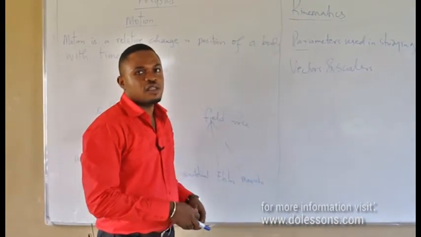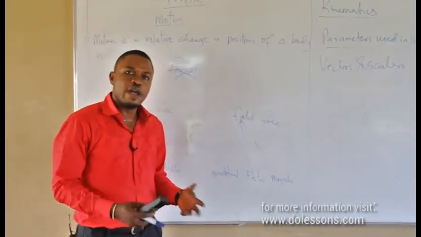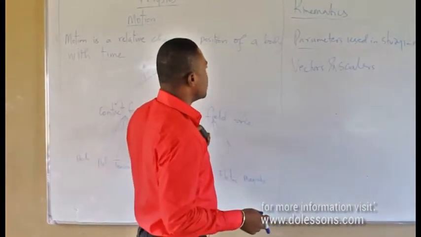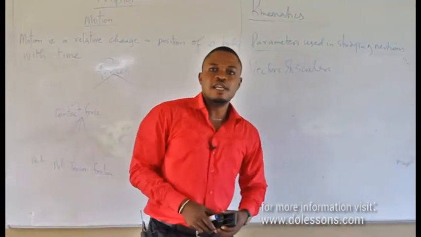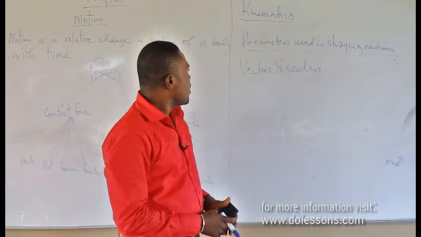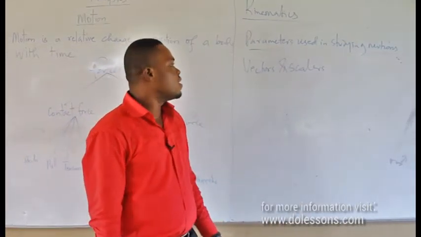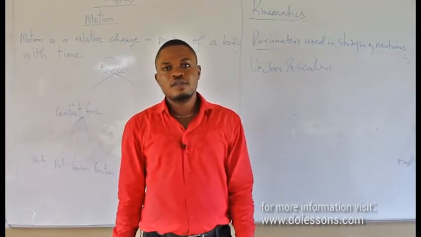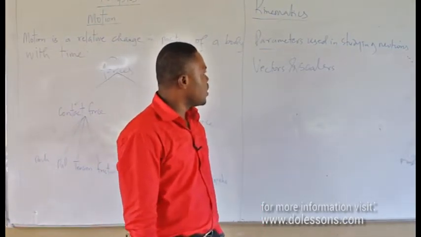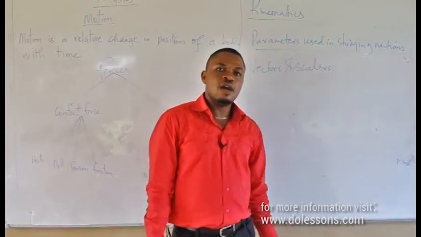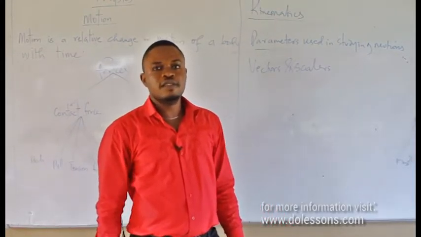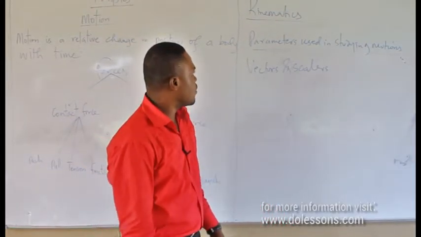Examples of vector quantities include force, weight, electric field intensity, etc. And scalar quantities are those physical quantities with magnitude without direction. Examples include area, volume, density, energy, etc.